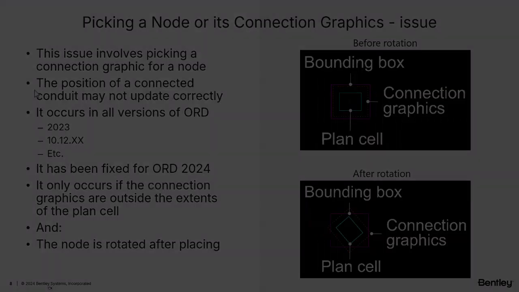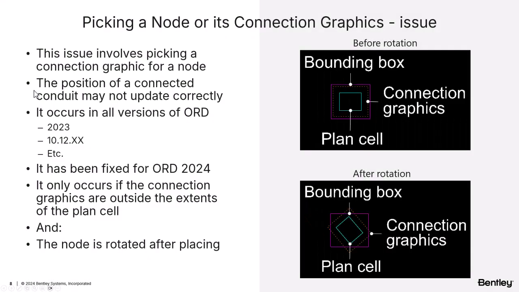The second issue that we'll look at is whether a node or its connection graphics are selected when you pick. The effect of this issue is that if you accidentally pick the connection graphic when you're trying to pick the node, then the position of a connected conduit might not update correctly.